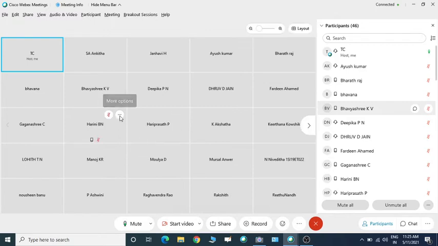Bhavyashree got it. Deepika. Anybody got the answer?